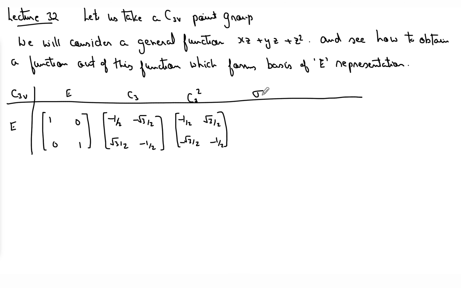Then we have sigma, let's say sigma v1, which is basically xz, one of the vertical planes we can take along the axis, and the rest of the two will be in the middle of the axis. So this will be 1 0 0 minus 1.